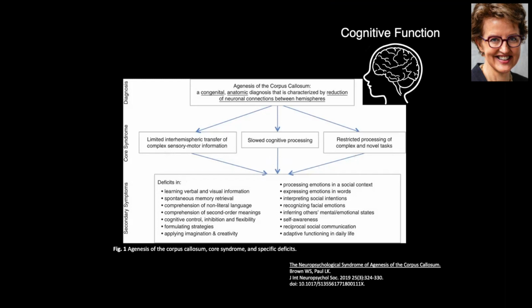And it's these core syndromic features that give rise to these deficits that you can see listed below, such as problems with self-awareness, inferring others' intentions and emotional states, recognizing emotions, and these language deficits.